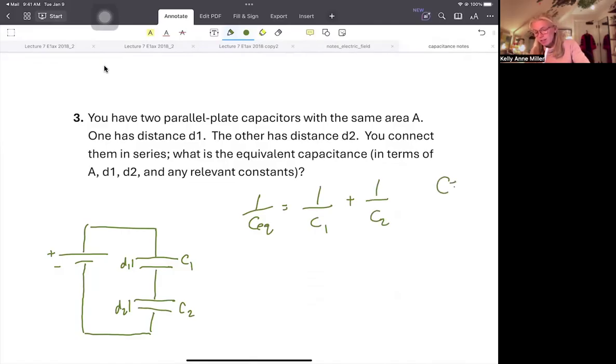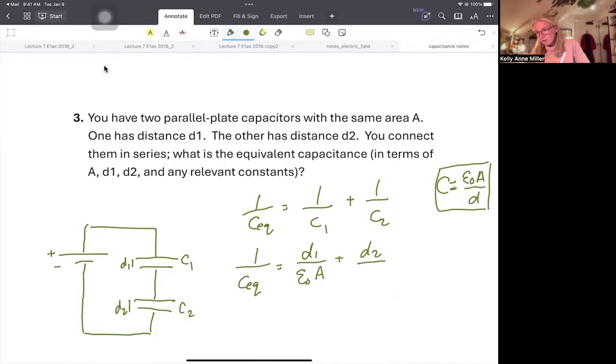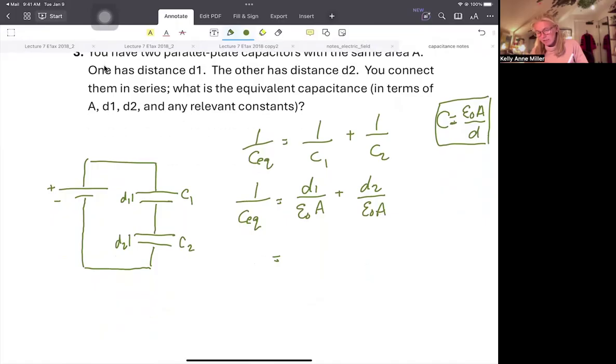I know that one of our two definitions of capacitance is epsilon naught times the area divided by the distance separating the plates. So I can just substitute that in. So this is going to be D1 over epsilon naught times area plus D2 over epsilon naught times area, so this is going to be D1 plus D2 over epsilon naught times area.